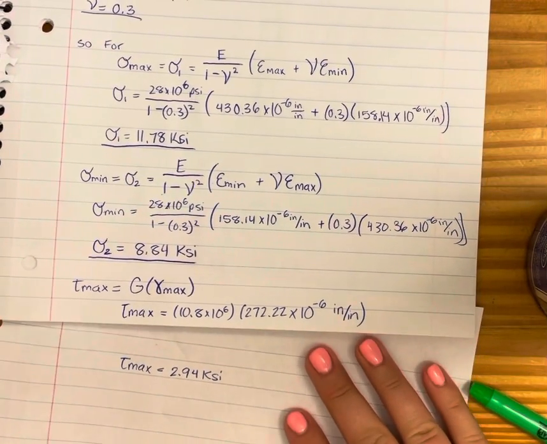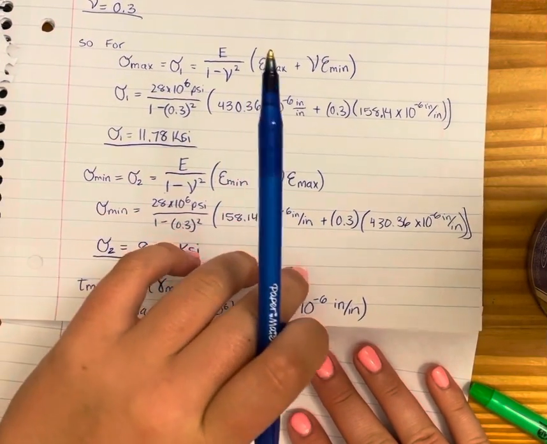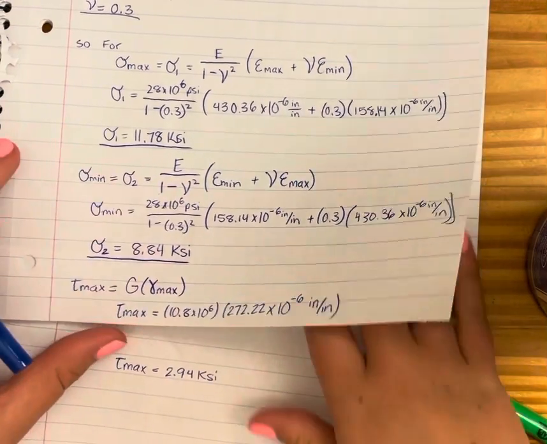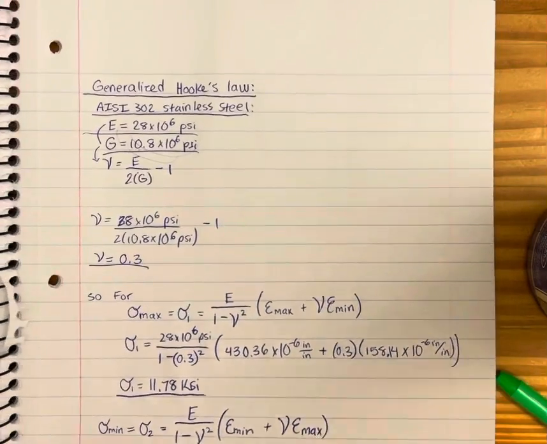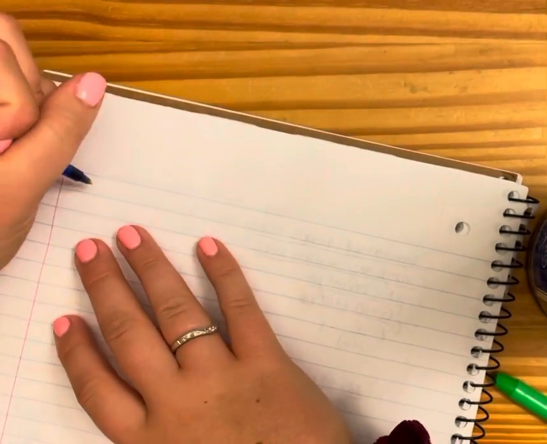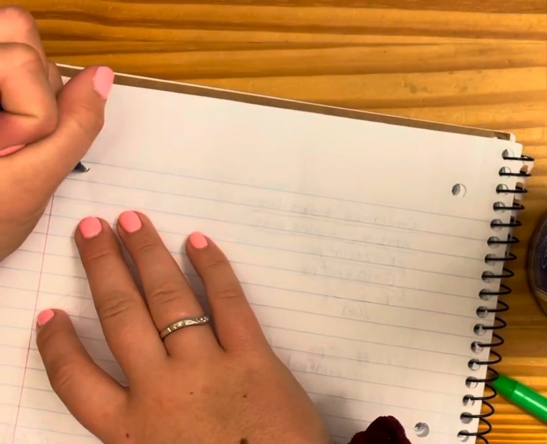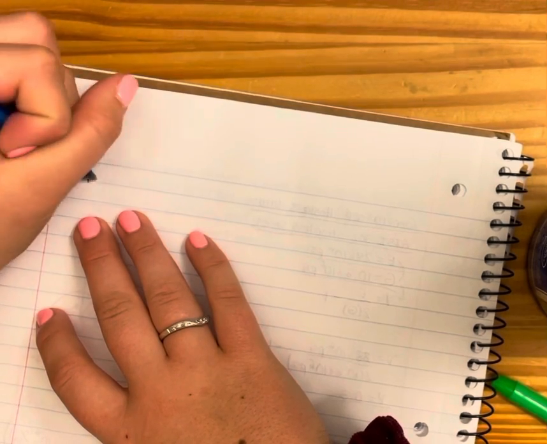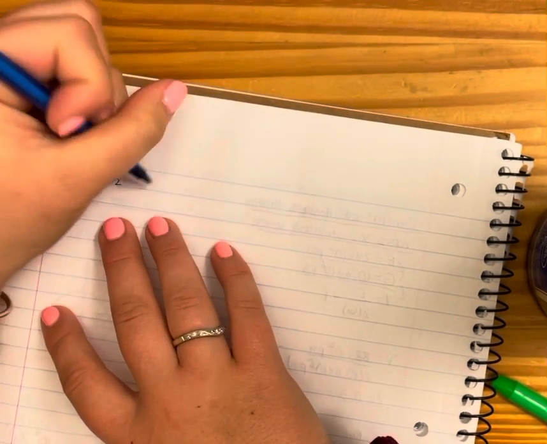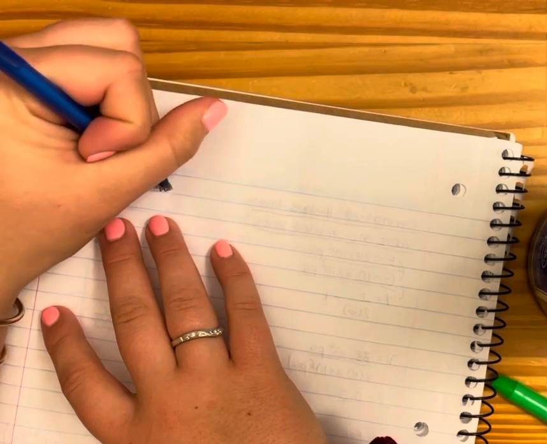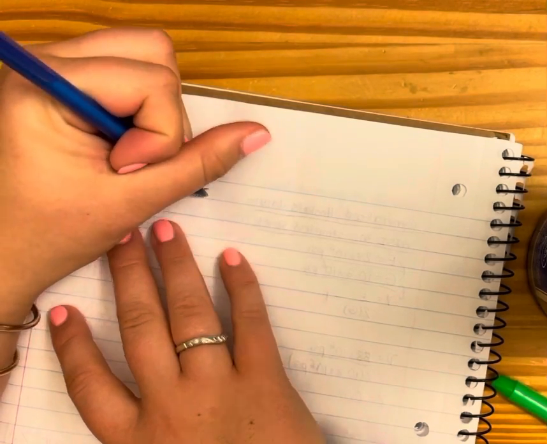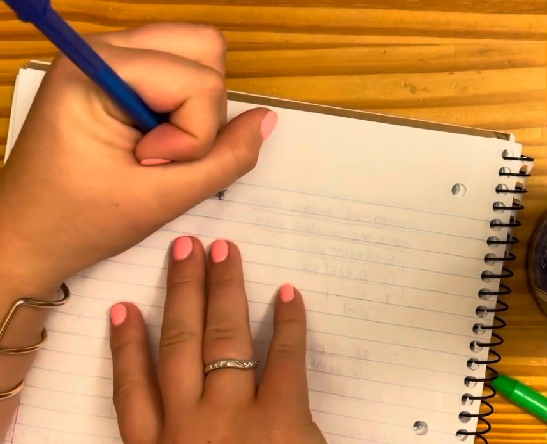So now that we have solved all the problems, I am going to rewrite the answers that we have gotten. The question asks us to find the stresses 1, stress 2, as well as tau max.